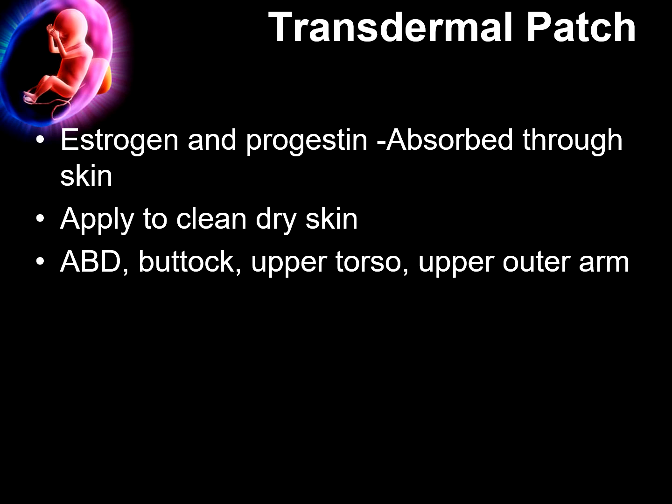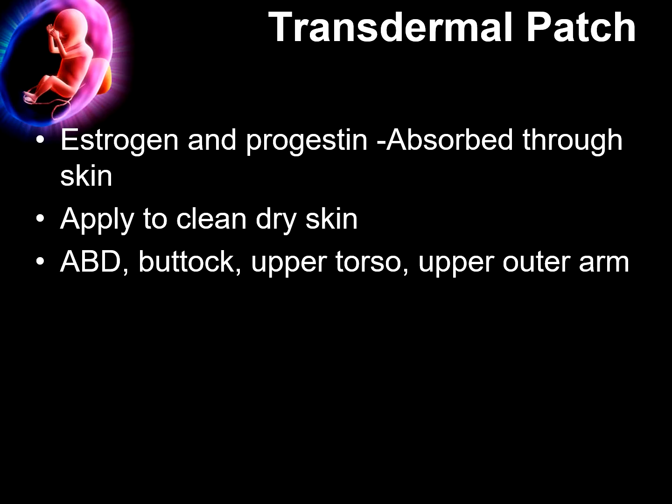This method regulates menstrual cycles, and a non-hormonal contraceptive should be used during the first week of use unless the patch is started on the first day of the menstrual cycle.